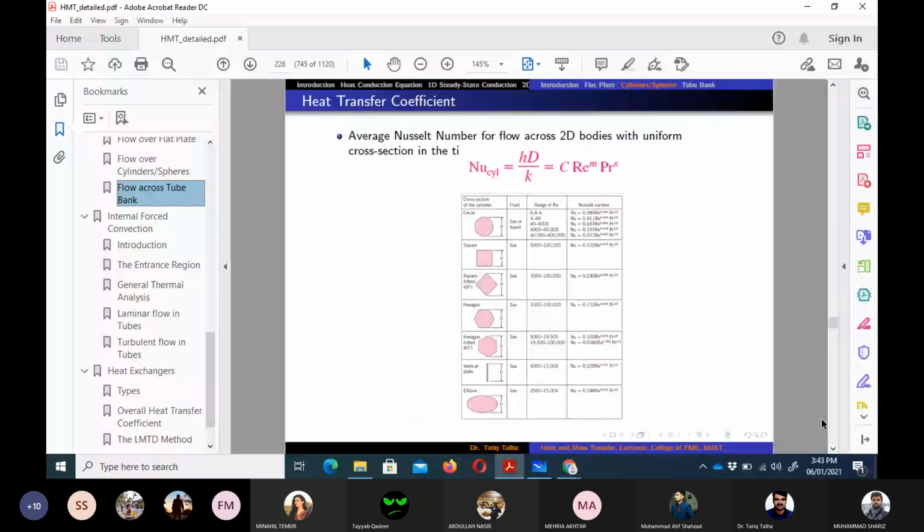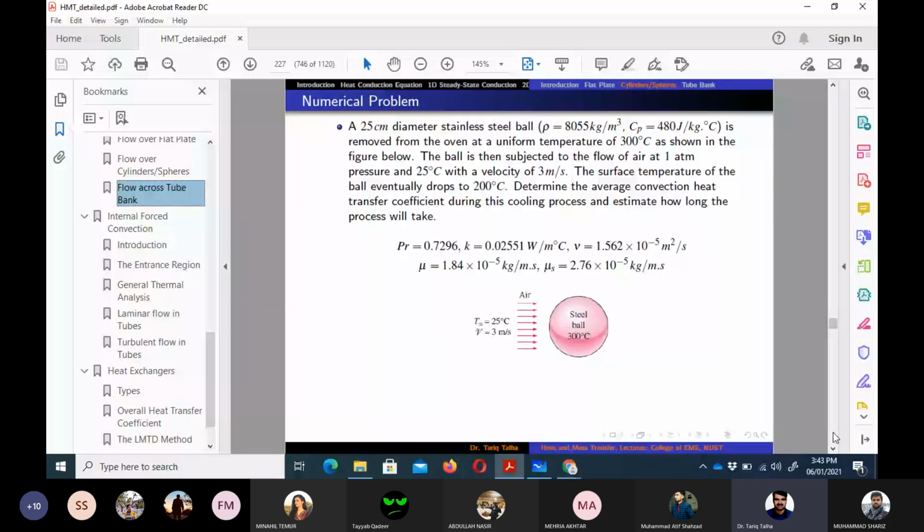So first, the statement of the problem, that we have got a 25 centimeter diameter stainless steel ball whose properties are given, density and specific heat, C value is given, is removed from the oven at a uniform temperature of 300 degrees centigrade.